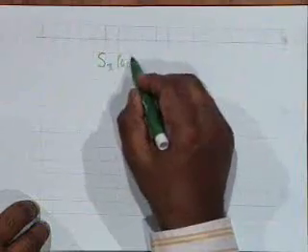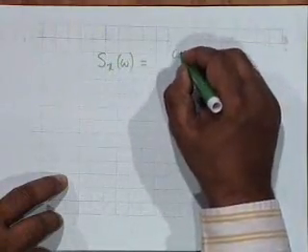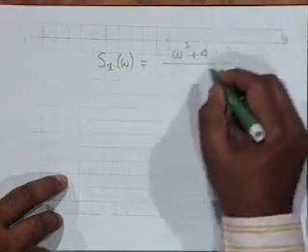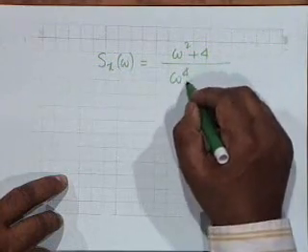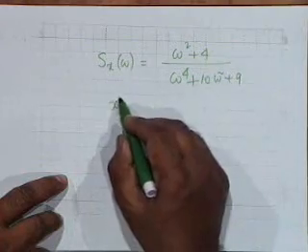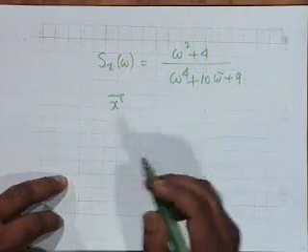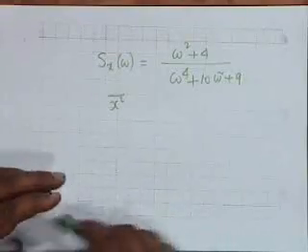To illustrate this, let us suppose that we have a random process whose spectral density is given by omega squared plus 4 divided by omega to the 4 plus 10 omega squared plus 9, and we want to calculate the mean squared value of the random variable.